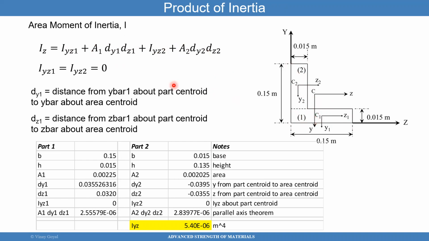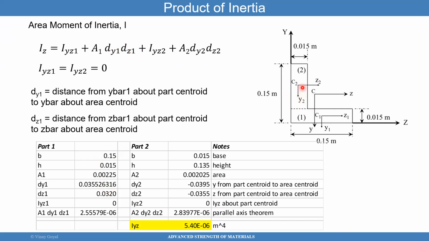And now all you have to do is multiply area 1 by the coordinates of the centroid of part 1, and simply find the distance in the y direction, but also the z direction. And so that'll give you this number and this number for part 1. I did it here for you for part 1.